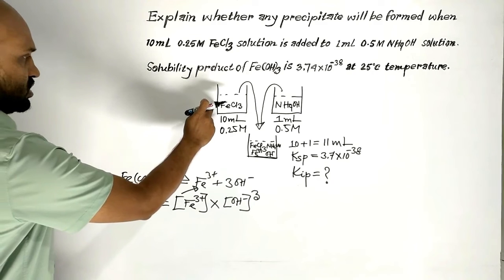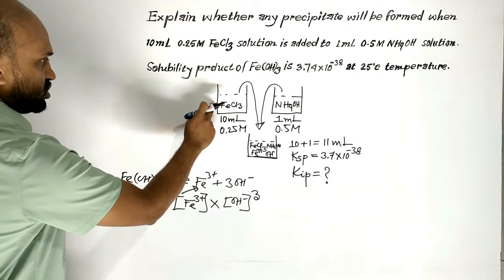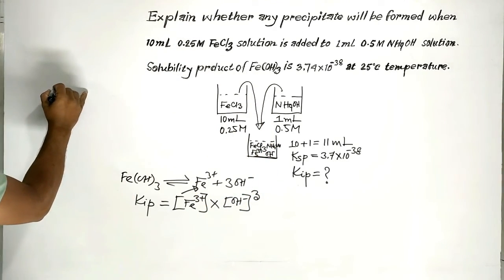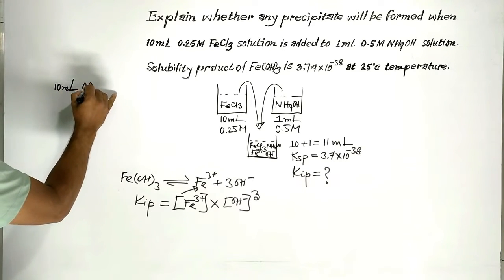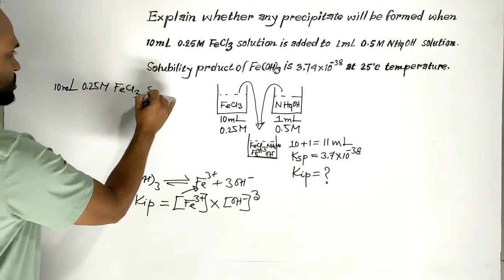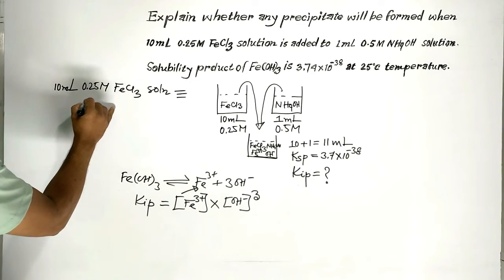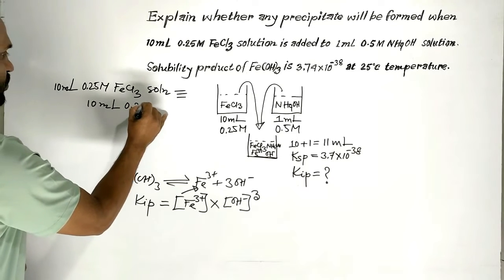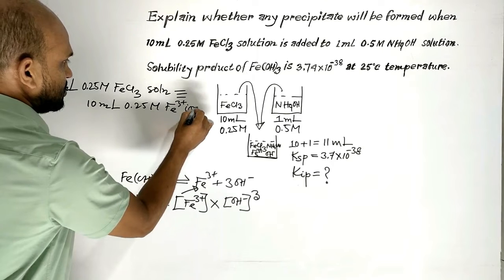Now let us see before mixing the solution. Before mixing ferric chloride with ammonium hydroxide, here 10 milliliter 0.25 molar ferric chloride solution is equivalent to 10 milliliter 0.25 molar ferric ion.